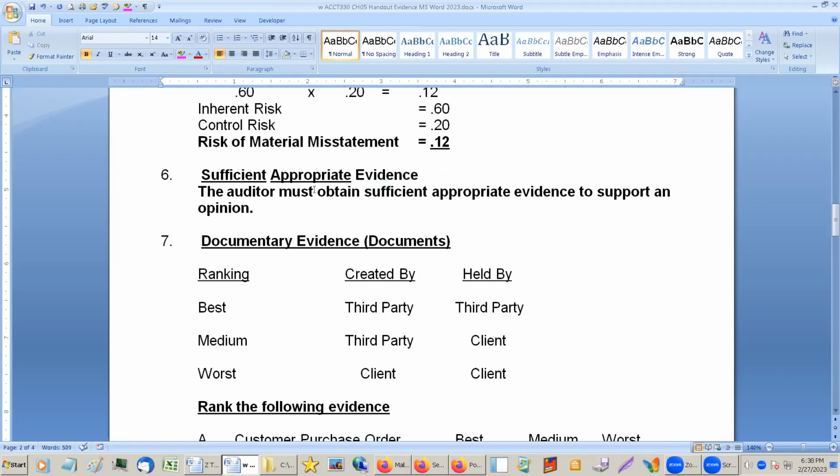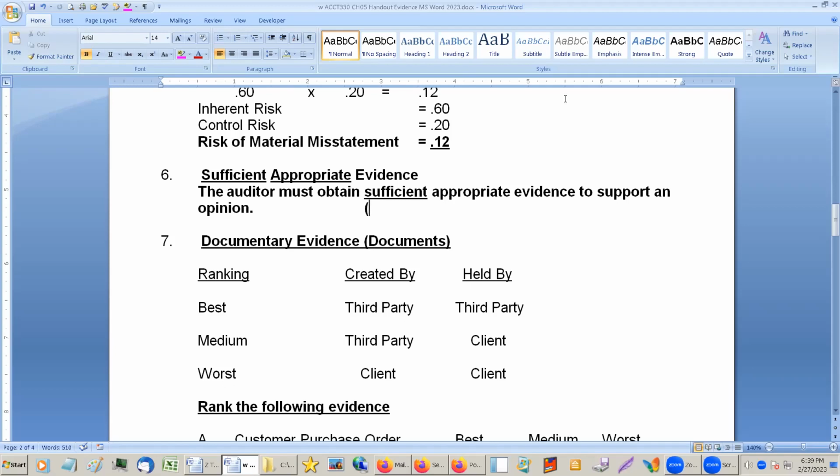All right. What does sufficient mean? You say you get a sufficient amount of evidence. What does that mean? Proof? Yeah, it is definitely a proof.